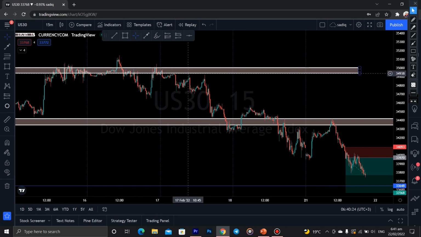So check this out. As we just discussed, we can see that it was bouncing off this, pushing to the downside, coming for a pullback, pushing to the downside, coming for a pullback, coming for a pullback, pushing to the downside. Now it came for a pullback, so it would have even been good if I'd taken my trade around this level here, but I wasn't in position.